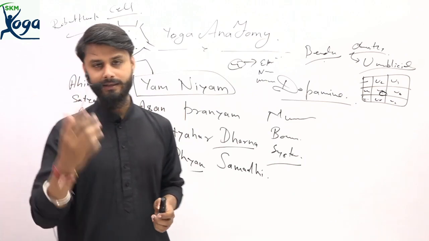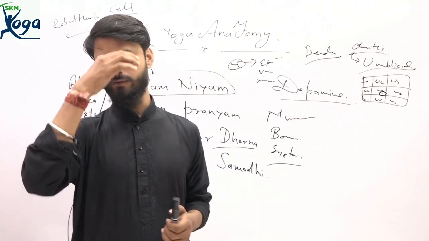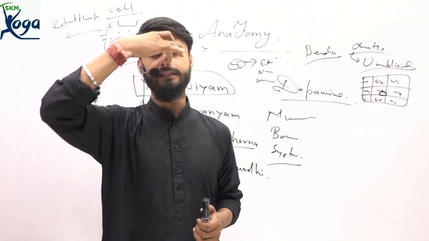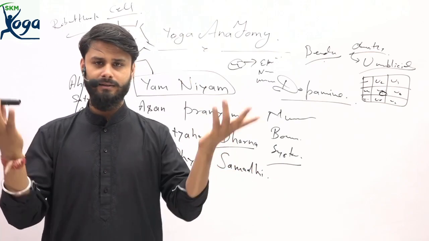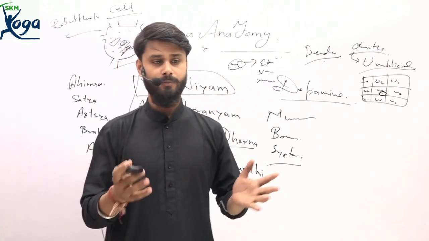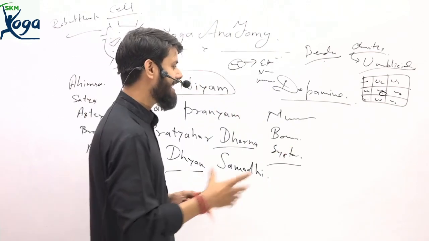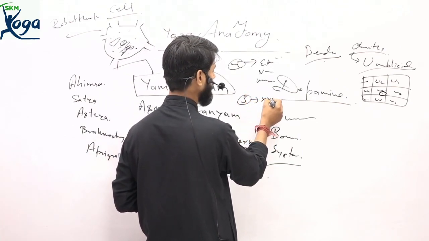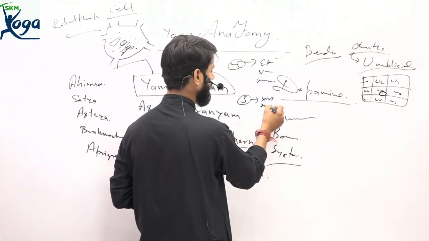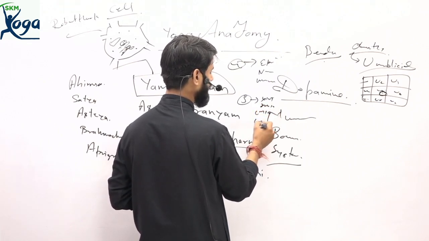You are doing Kapalbhati Kriya, you are doing Anulom Vilom, inhaling, then exhaling, then inhaling, then exhaling, and you are saying that this is a very neutral thing. Your prana will definitely suffer. We can call 5 kinds of prana in yoga: prana, apana, vyana, samana, and udana.